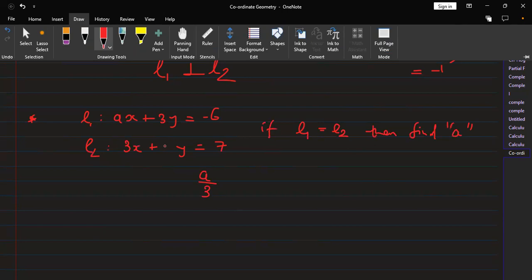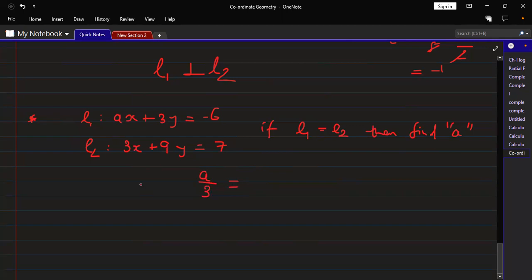Here we need to take 9. So M1 is A upon 3 minus, and M2 equals to minus 3 upon 9. So your answer is minus 1 by 3. If we know that L1 is parallel to L2, then M1 equals to M2.